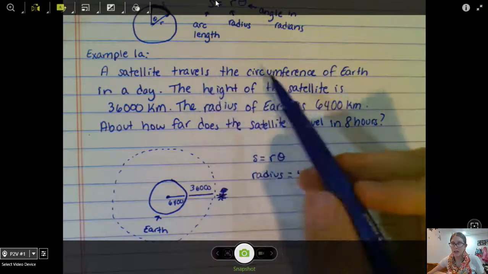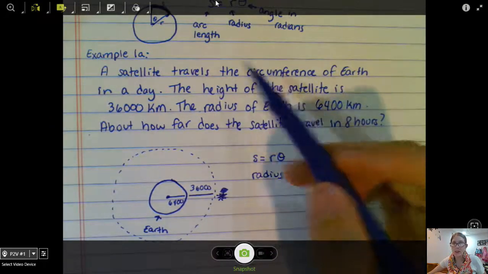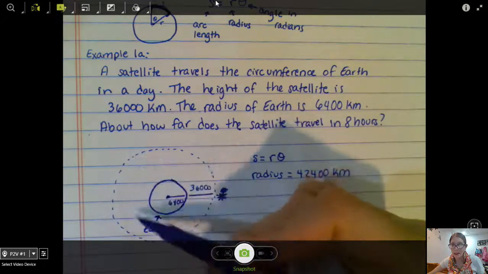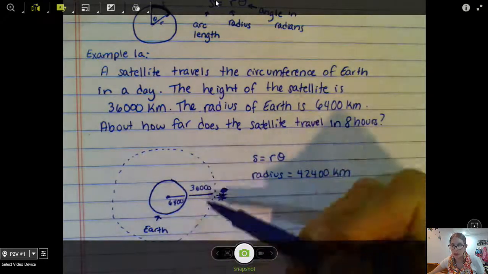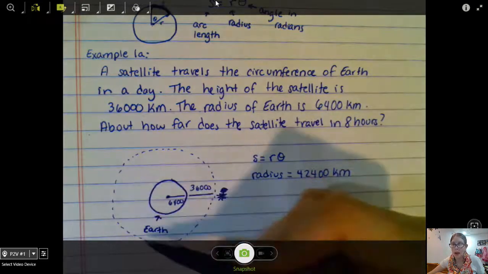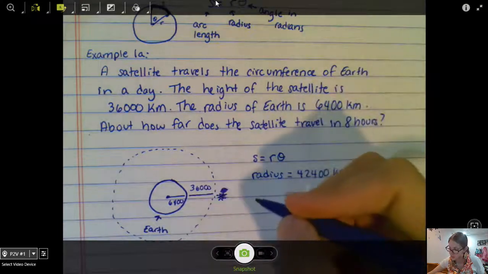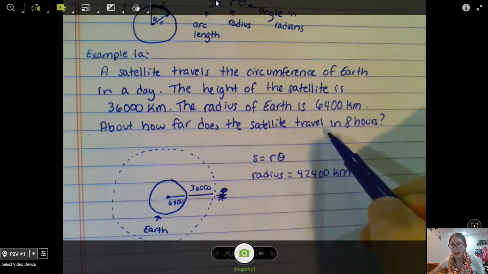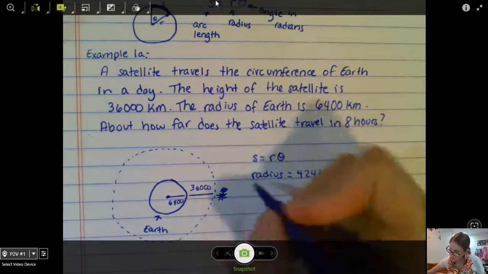Now it says that the satellite travels the whole circumference of Earth in a day. So in one day, we go all the way around the circle. In one day, we go 2 pi radians. Well, if we're traveling for 8 hours, that is a third of a day.